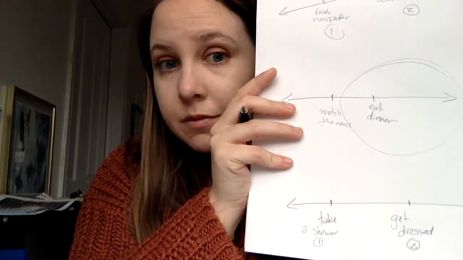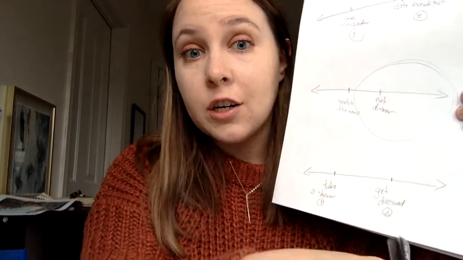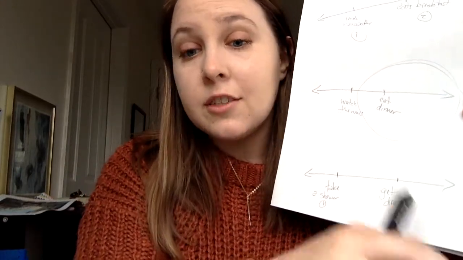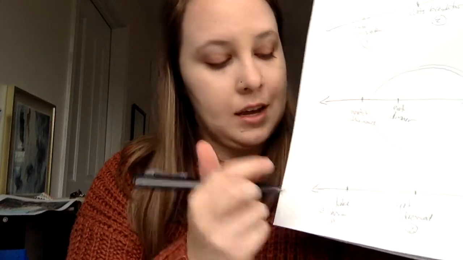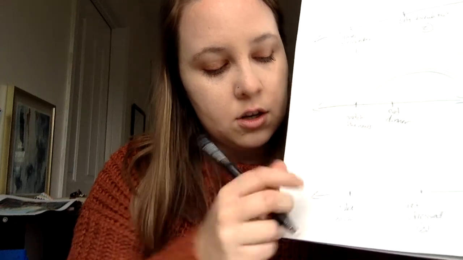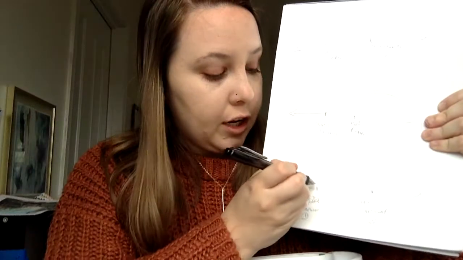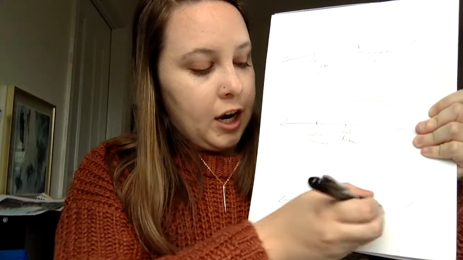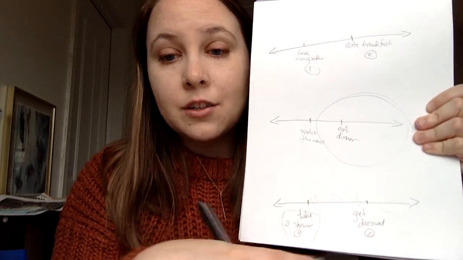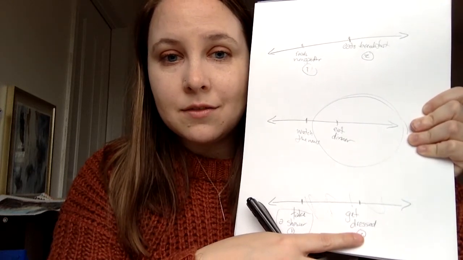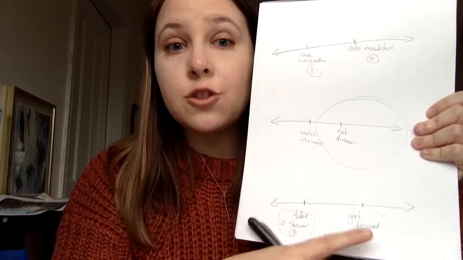So after means the event is going to happen later. So after is going to get attached to the first item, the first event. After she takes a shower, because it happens first, so then we're looking at after she takes a shower is all of this. After she takes a shower, she gets dressed. So after event 1, event 2.